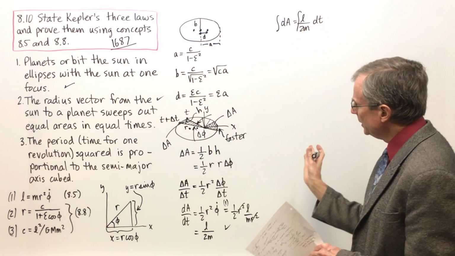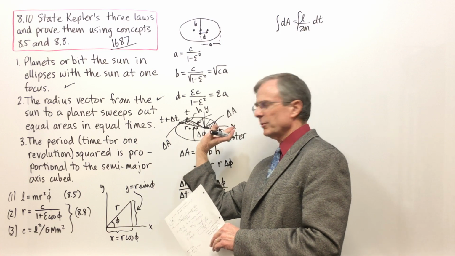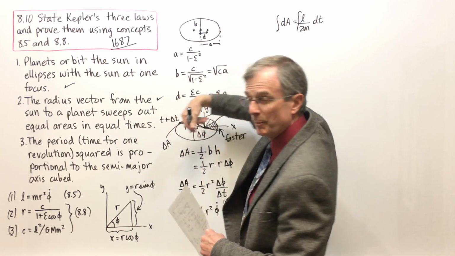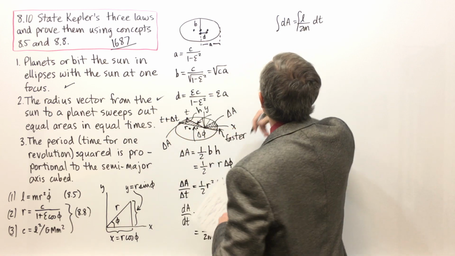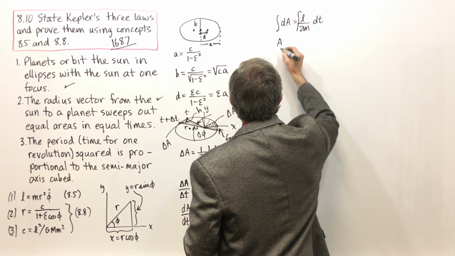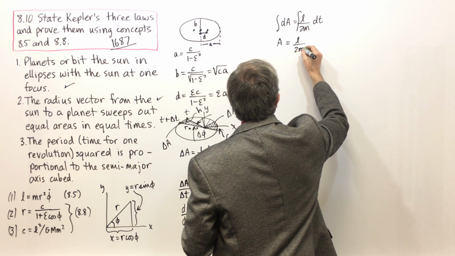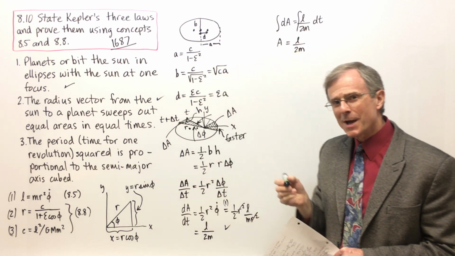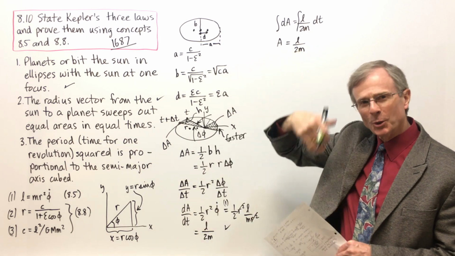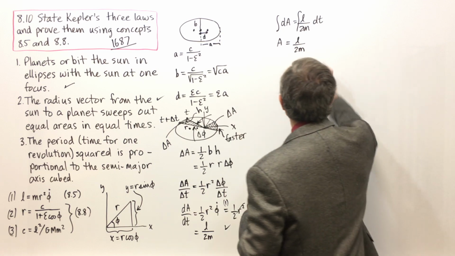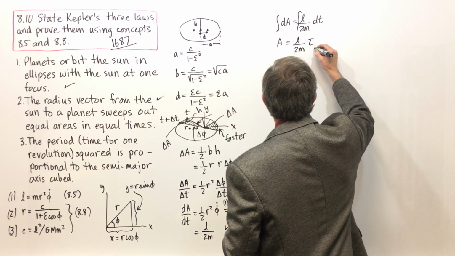If you integrate over one period, you're going to start with phi equals 0 and go all the way around until you're back at phi equals 0 again. So that'll just give the total area of the ellipse is L over 2m times the total time that it requires to go around. Well, that's what we call the period, tau.